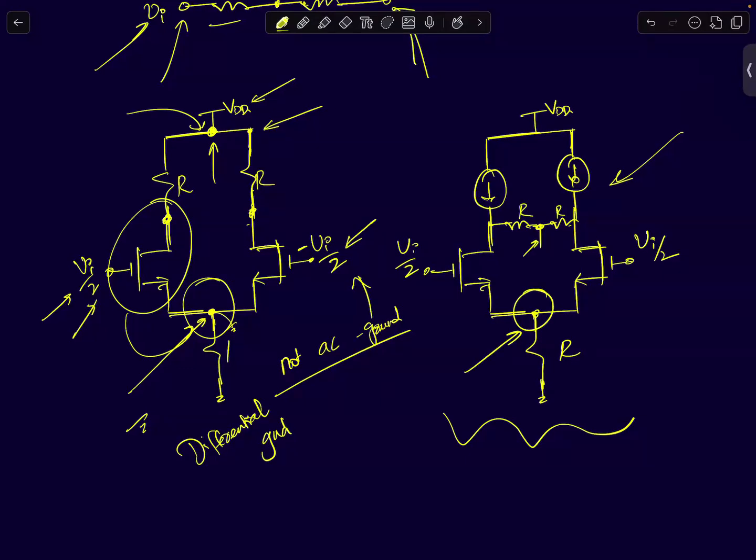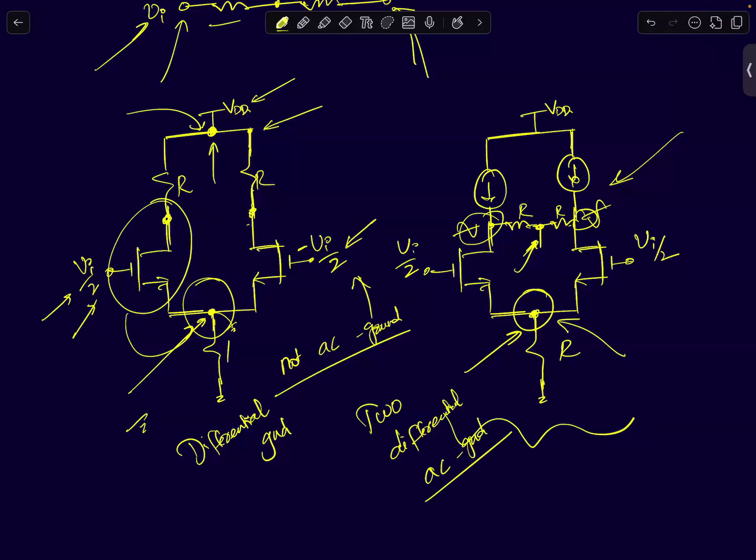Because it's a purely differential amplifier, these two nodes will also be differential. Because these two nodes are differential, the node at the center will be at AC ground. Similarly, this node will also be at differential ground. So there are two differential grounds, not AC ground. There are two differential AC grounds in this circuit.